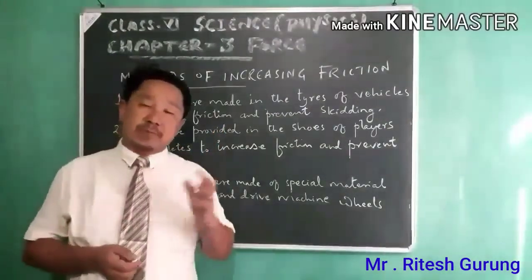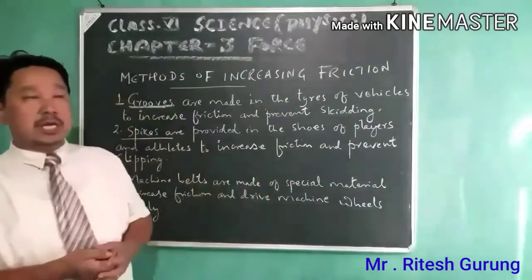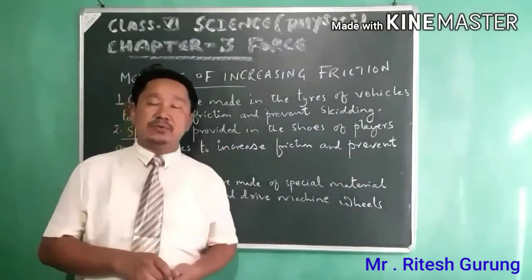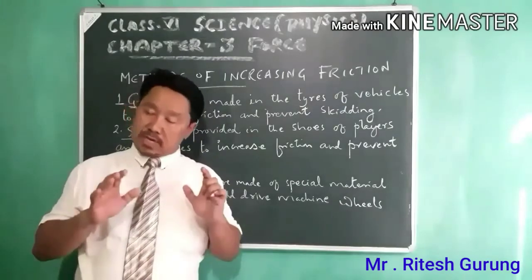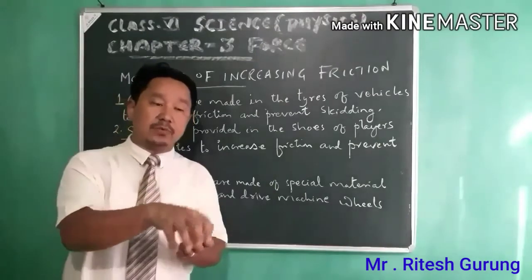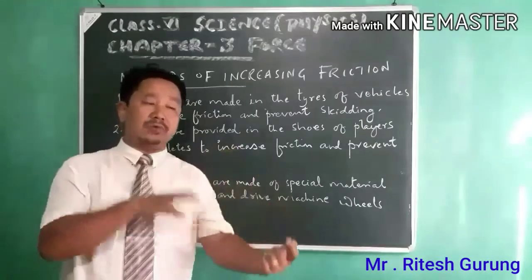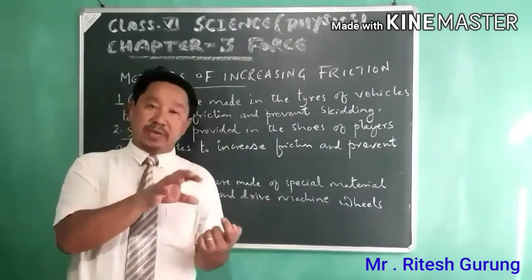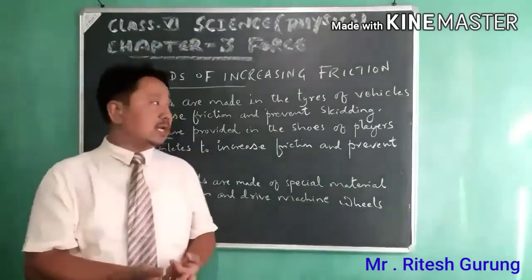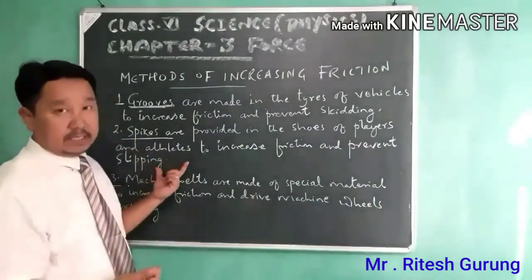Even the football players you see, athletes you see, all the sportsmen, their shoes are provided with spikes so that the spikes can have a very good grip with the ground, which means there is very good friction between the ground and the shoes, so that they can run fast and play well without falling off or slipping on the ground.